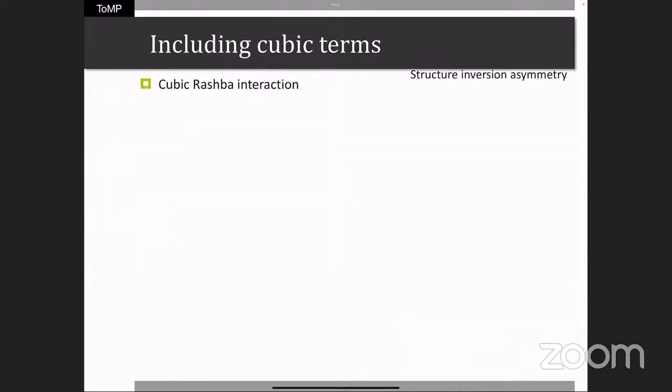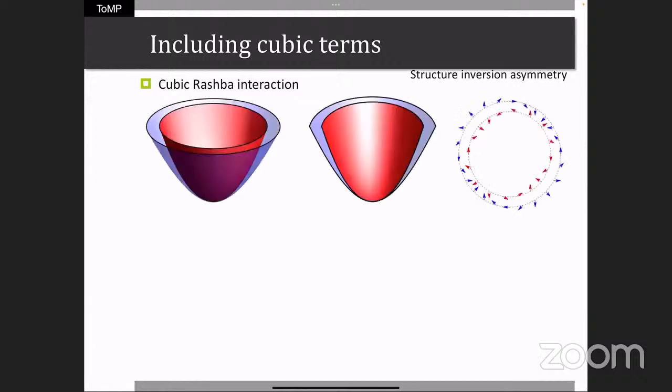Now, if we include cubic terms, then only for the cubic Rashba effect, we can see that the eigenvalues look like this, hardly any difference. But if we look at the spin projection, there is a drastic difference. Here, unlike earlier, where we found only one-fold rotational symmetry in the spin pattern, here we have three-fold rotational symmetry.